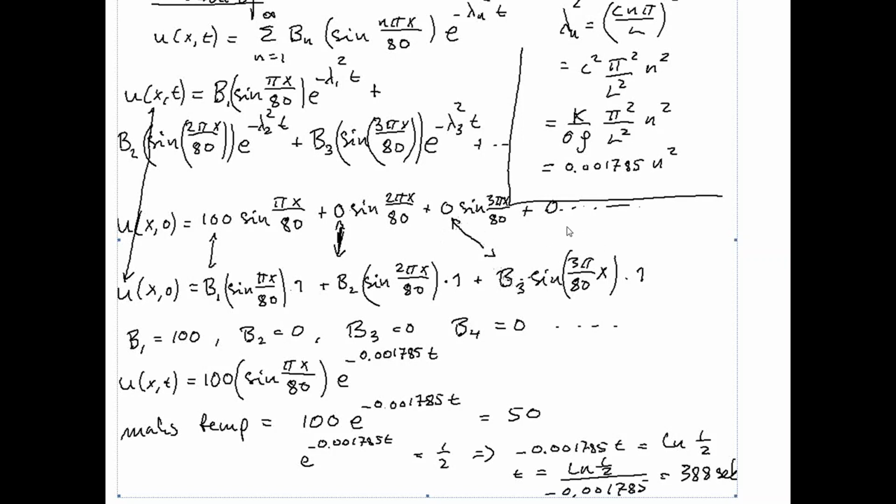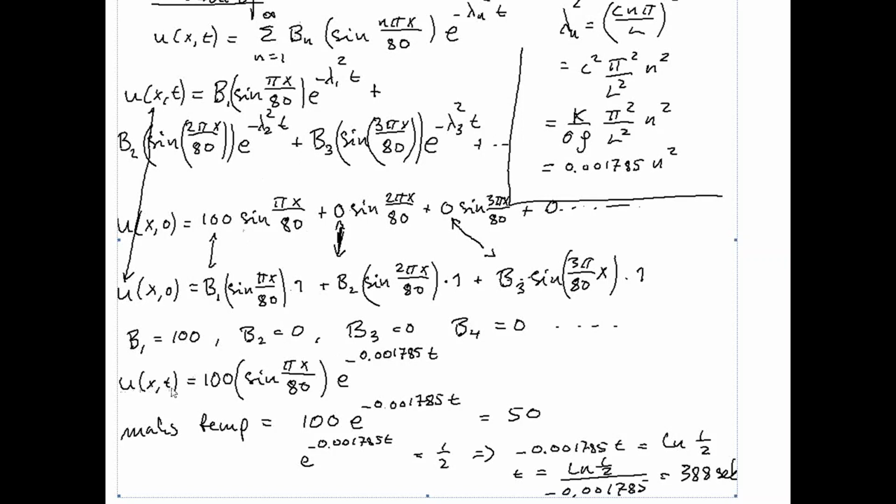All terms except the first one must be equal to 0. This is what we have written here. b1 is equal to 100, b2 is equal to 0, and so on. Therefore, this infinite series consists only of one term, namely the first term. So it's very easy to write the solution in this case.